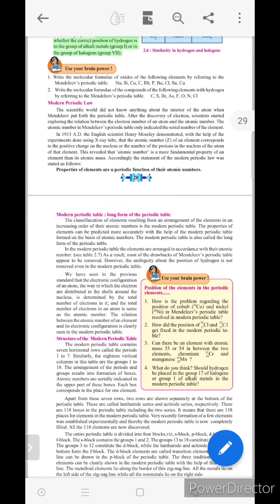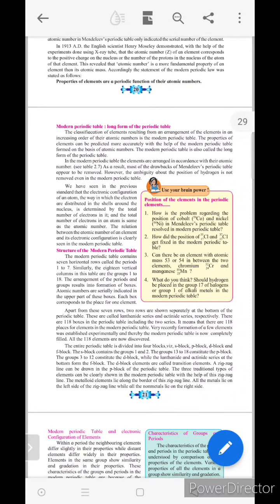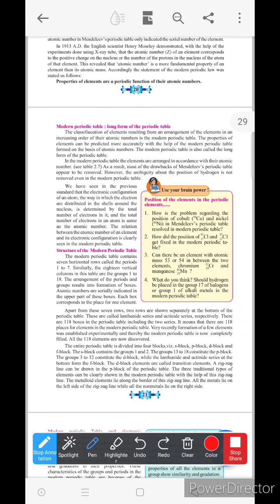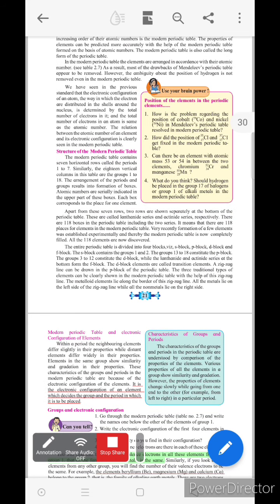Then we will move on to page number 21. Again the yellow color box, Use your brain power. This topic is removed. Now next page, page number 22.